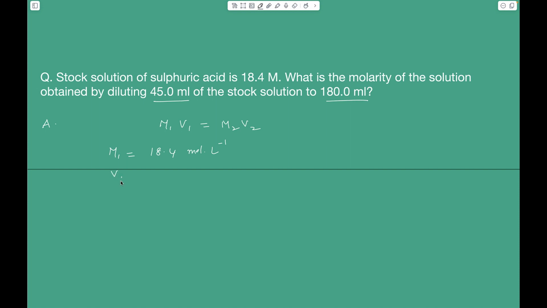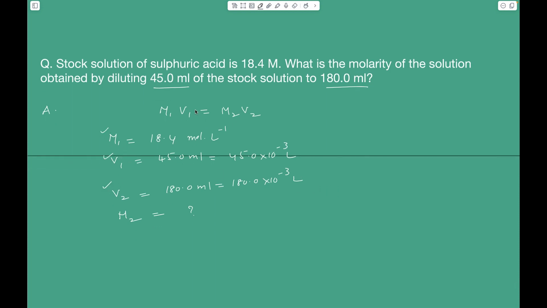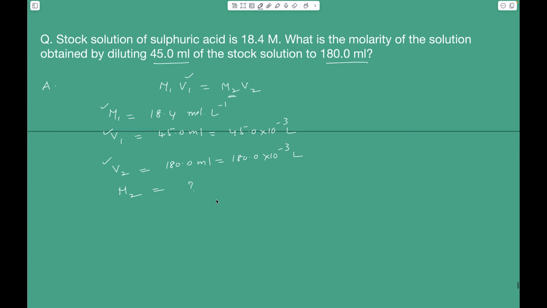and the volume of the stock solution taken is 45 ml or 45 times 10 to the power of minus 3 liters, and the volume of the dilute solution is given as 180 ml or 180 times 10 to the power of minus 3 liters, and we have to calculate the molarity of the dilute solution obtained. Simply substitute these values in this equation to calculate the value of M2.